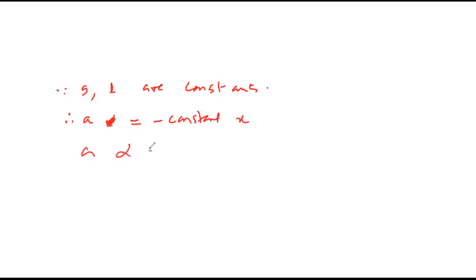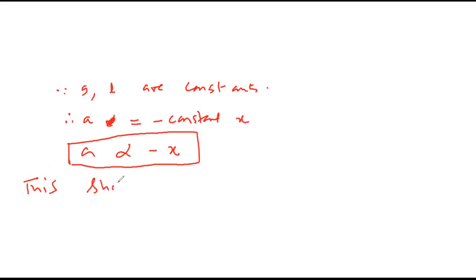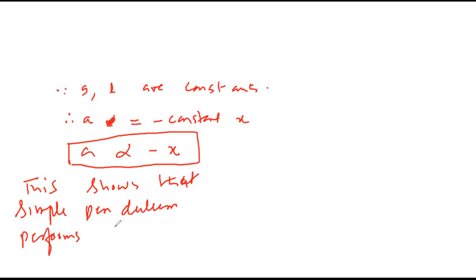So a is proportional to minus x. This is nothing but our definition of linear acceleration. This shows that the simple pendulum performs linear oscillation. Hence, find the time period.